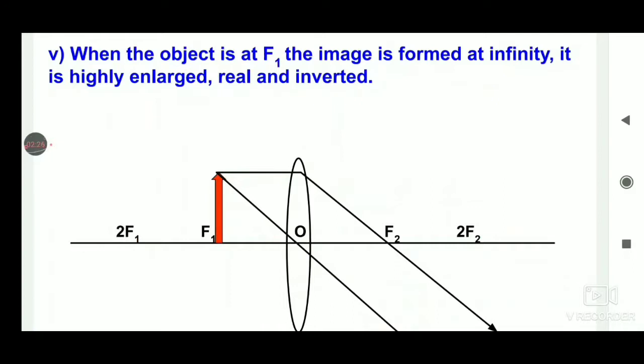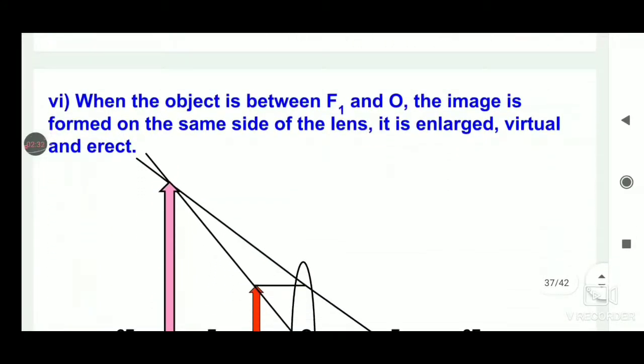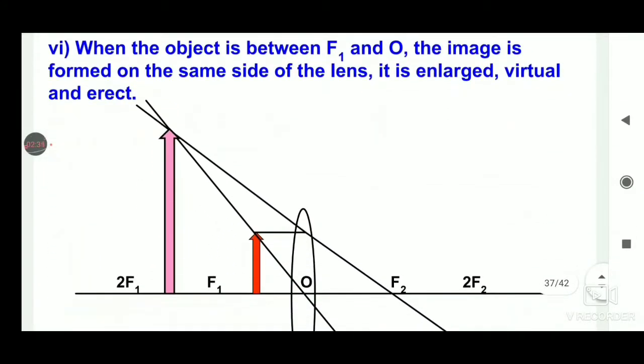It is highly enlarged, real and inverted. And when the object is placed between F1 and optical center O, the image is formed on the same side of the lens.